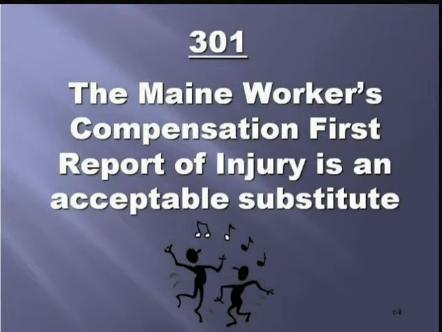The good news is that in the state of Maine, the Maine Workers' Compensation First Report may be used as a substitute for the 301 form. However, if you do decide to use the first report as a substitute, two boxes must be filled out. One is in the upper right-hand corner, box 1A, the OSHA 300 case number.